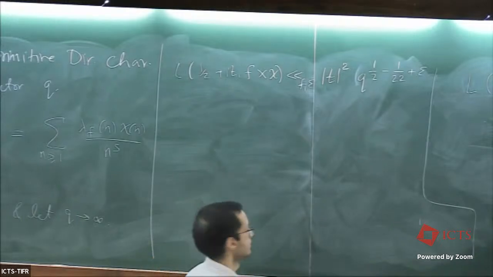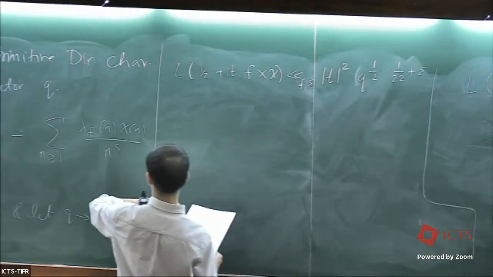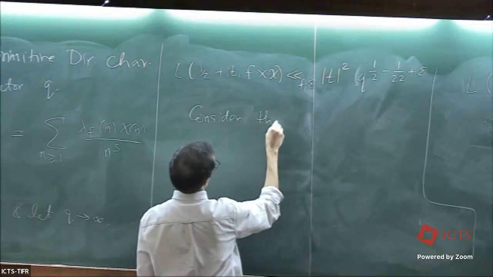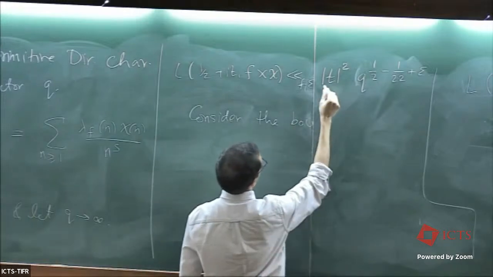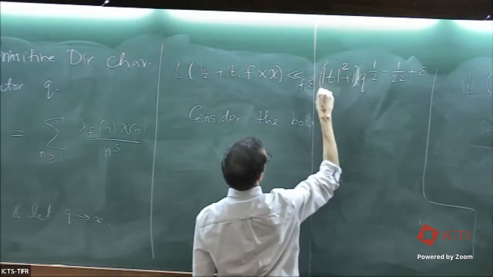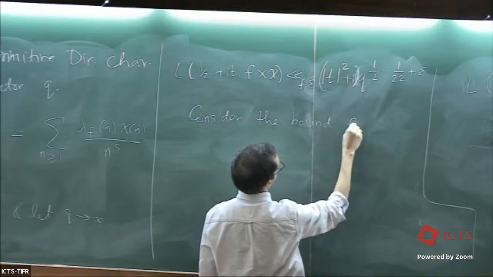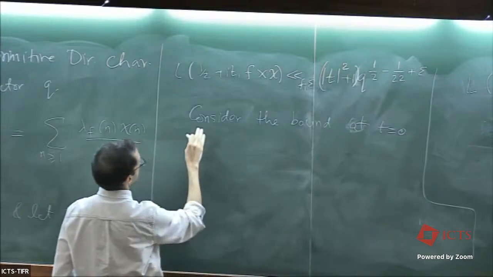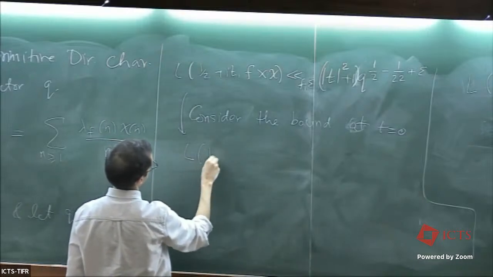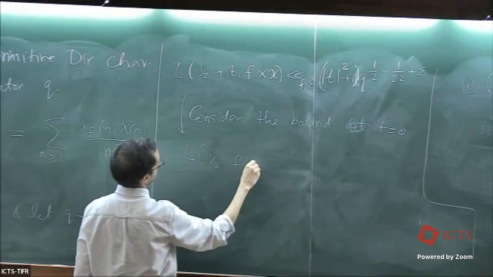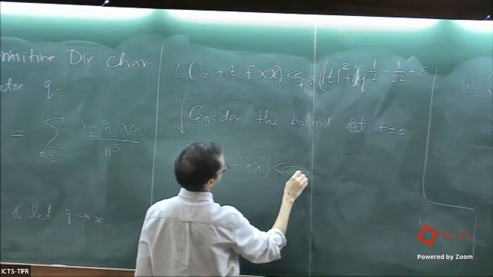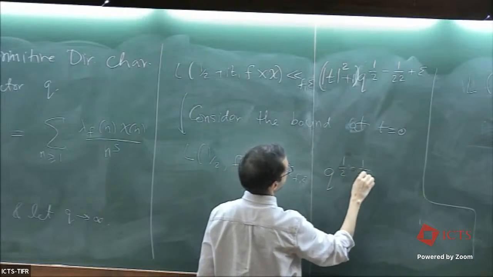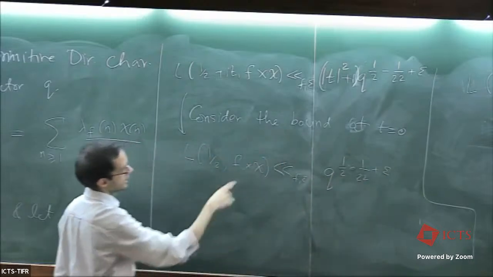So for simplicity, what we are going to do is consider the bound at t equal to 0, so I guess I should maybe write +1 over here. And you can get this bound L(1/2, f × chi) as Q to the 1/2 minus 1/22.